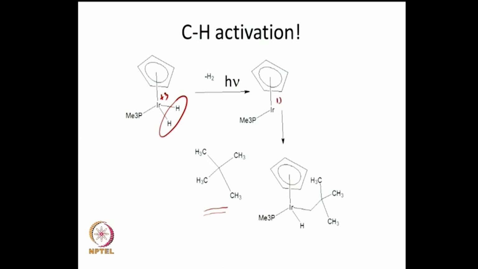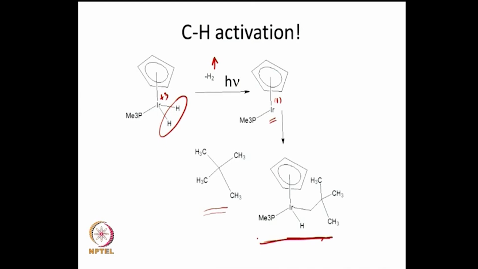Because H2 is liberated from the reaction mixture, you have a vacant coordination sphere on the iridium, and the electron-poor iridium grabs a C-H bond on the tetramethyl methane, resulting in the formation of an alkyl iridium species and an iridium-H bond.